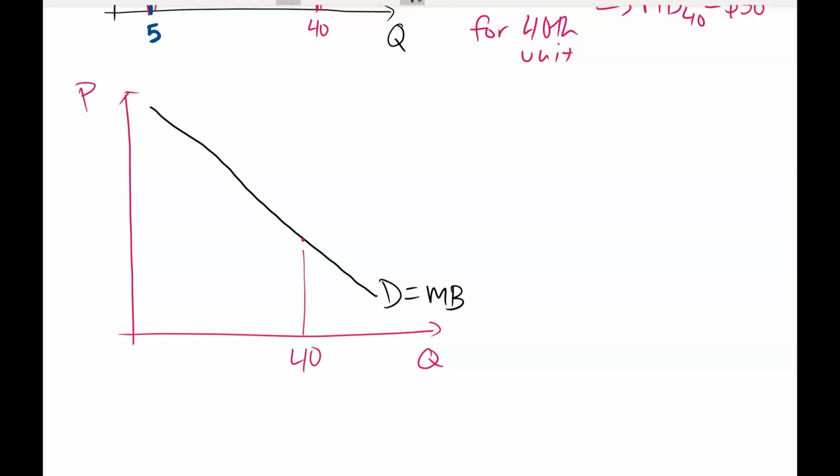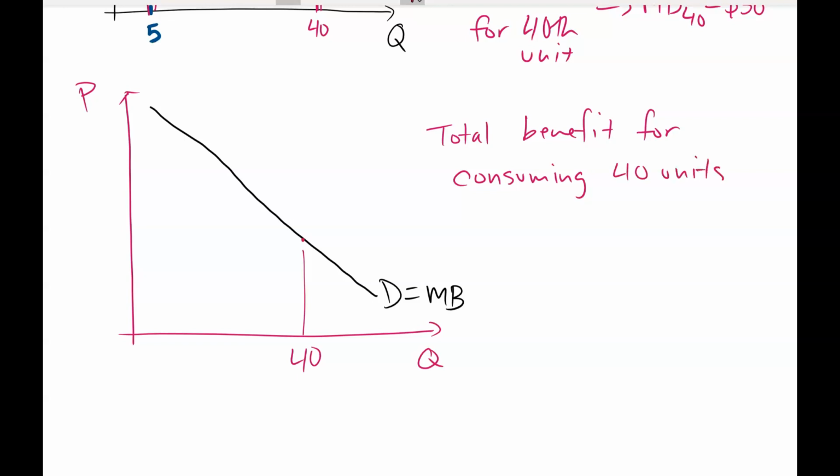So what's the total benefit going to be? We want to talk about the total benefit for consuming 40 units. Let's suppose these are free, and we give them to the 40 people who like it the most.